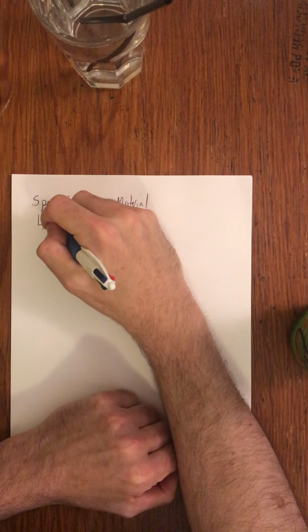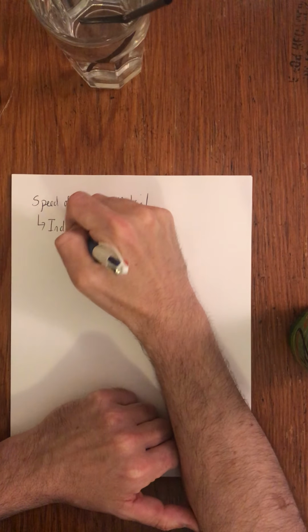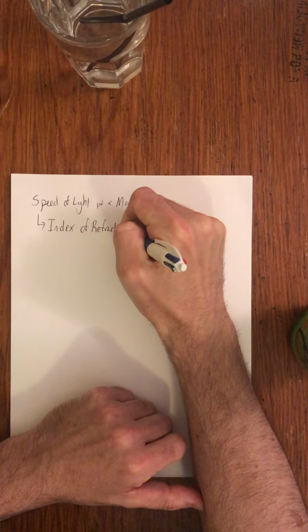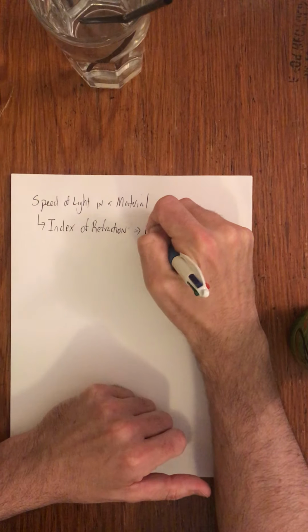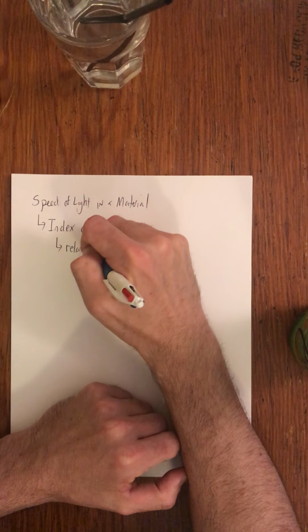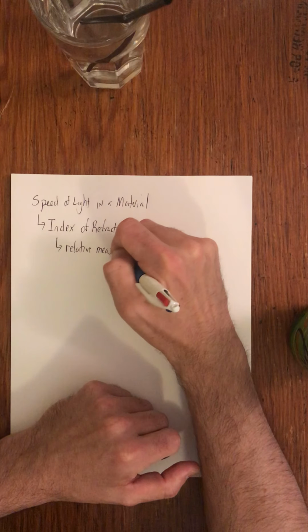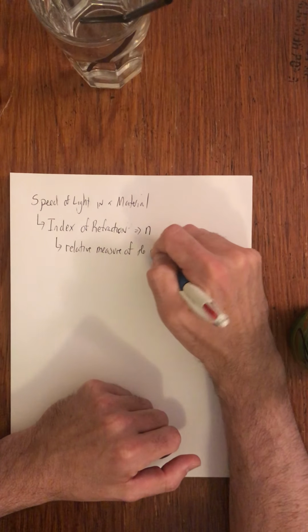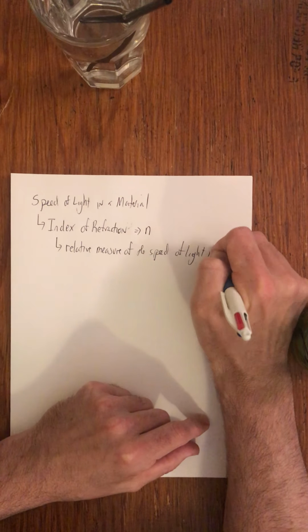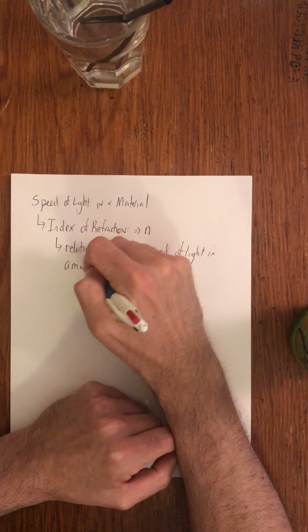So what's been created is something called the index of refraction. The symbol for the index of refraction is going to be lowercase n. And this is going to be a relative measure of the speed of light in a material.